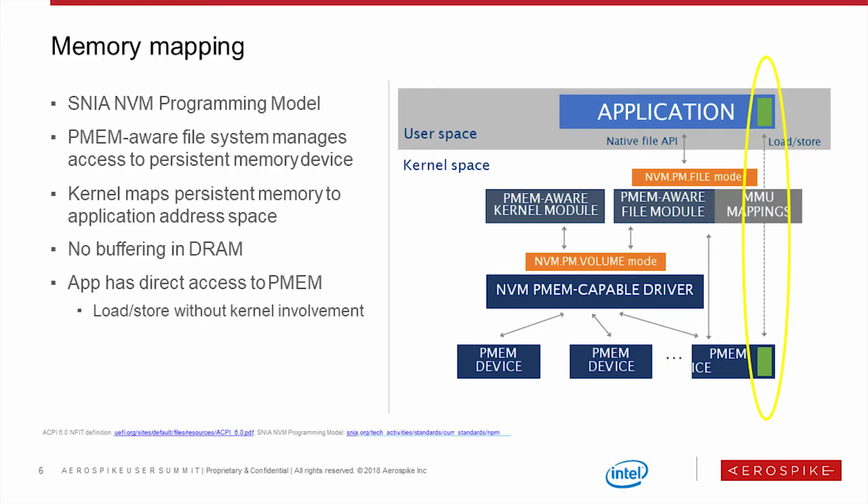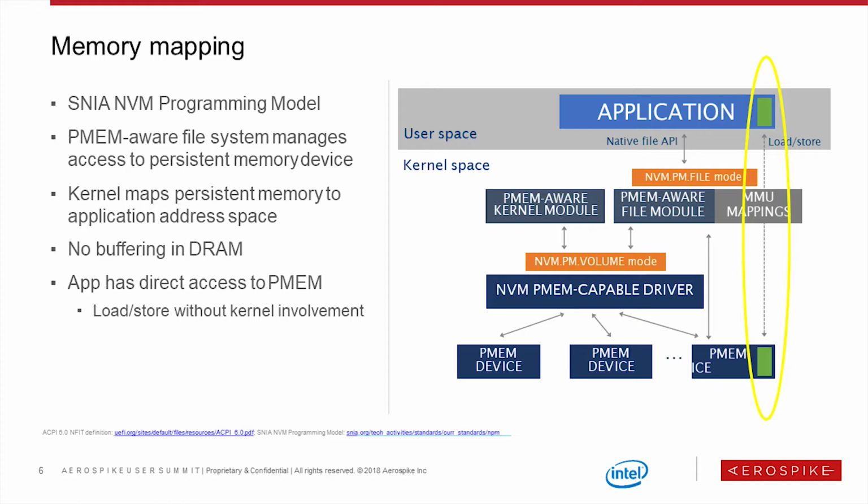So what I'm showing you here is how the application interacts with the persistent memory device. And there's a couple ways to do it, but what's really most interesting is this area highlighted on the right side of the slide. And this is the case that we've worked on with Aerospike.